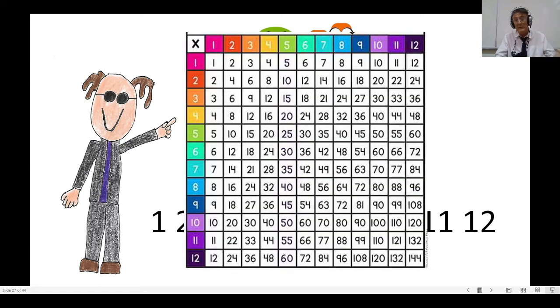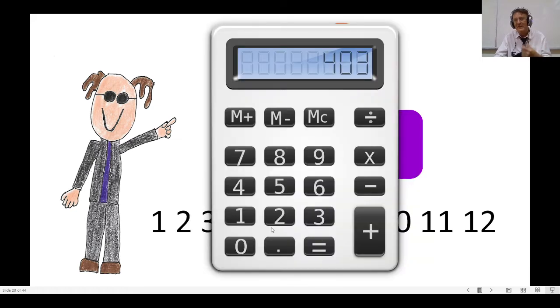Okay, so how do we do it? We can use our multiplication tables, which are okay for smaller numbers, or we can use a calculator. Or if you're really smart, you can use your brain.